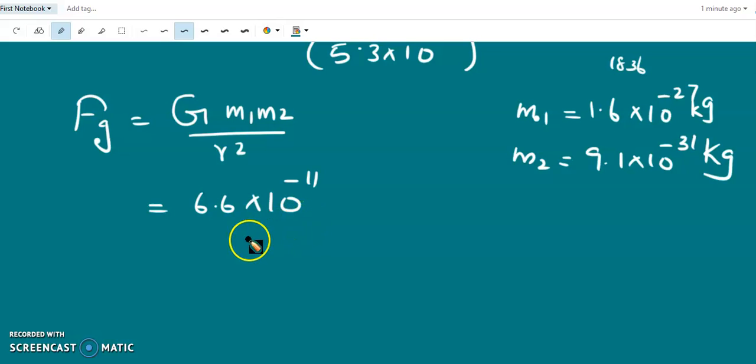So substituting this, and r is again the Bohr radius, which is 5.3 into 10 to the power minus 11 meters.